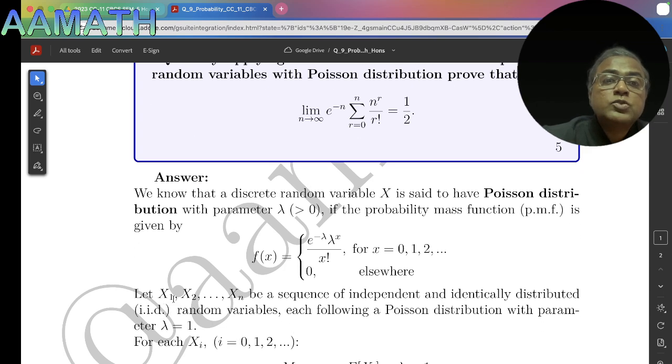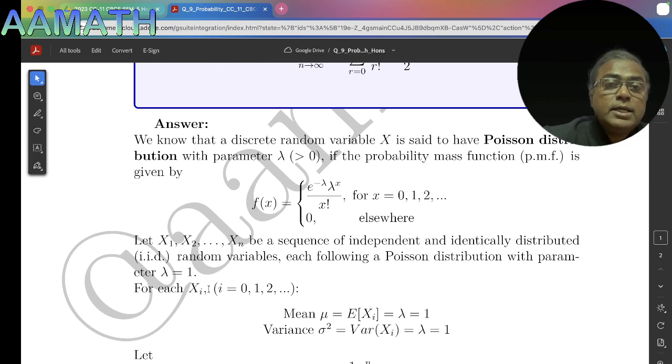Let X1, X2, ..., Xn be a sequence of independent and identically distributed (IID) random variables, each following a Poisson distribution with parameter lambda equal to 1.